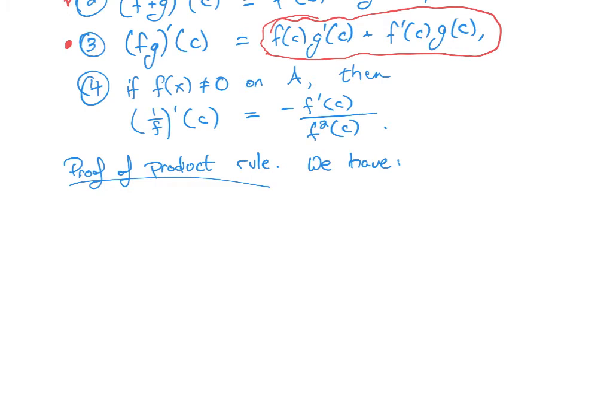Let's see. And I realize in my notes I have this written the other way around, so I'm gonna change it to be f prime at c, g of c, plus f at c, g prime at c. Okay. I guess I'm gonna have to come down here because this is gonna be a long line.